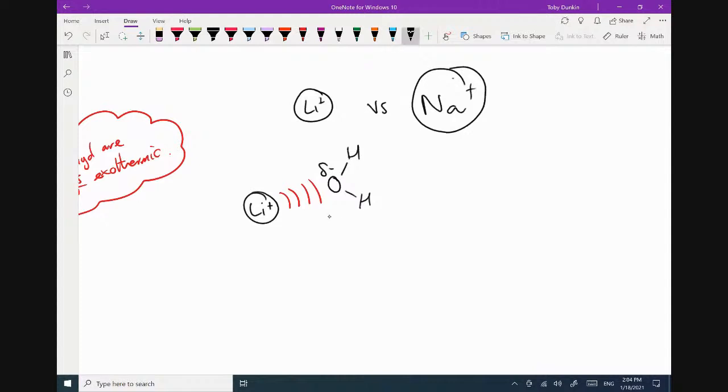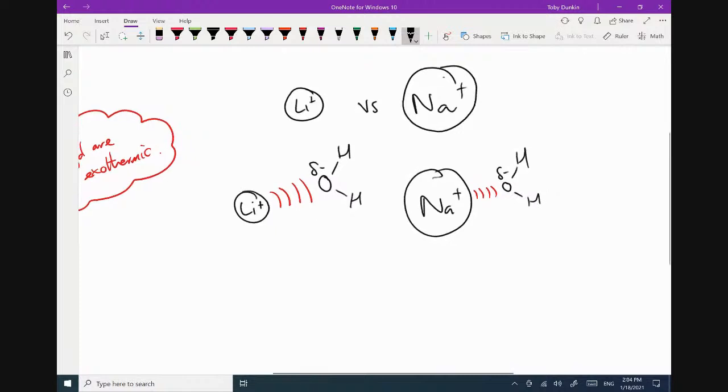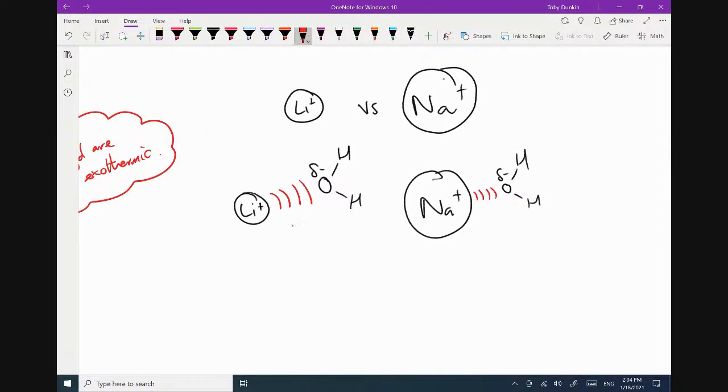The sodium ion is bigger, so it makes a weaker attraction. We can now compare these two, and we know that the lithium one will be stronger and therefore more exothermic.